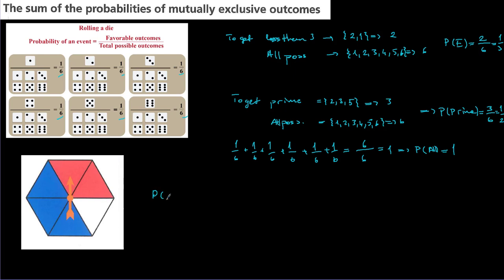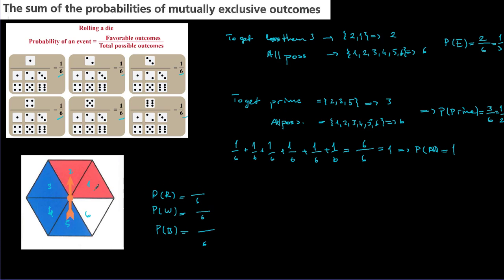If you try to understand the probability of red, probability of white, and probability of blue, I can write like this. Since there are 6 triangles totally, all of them are going to have the denominator 6, because all possible cases are 6.